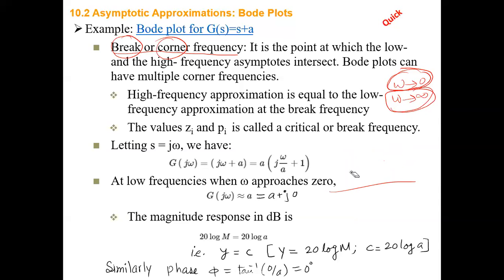So if you want to use the approximation method, the first step is to find the corner frequency. Does your Bode plot have a corner frequency? That's the first thing you have to figure out.